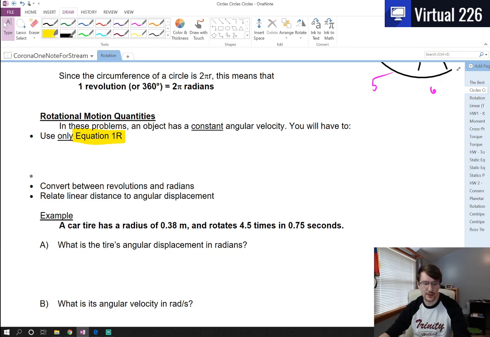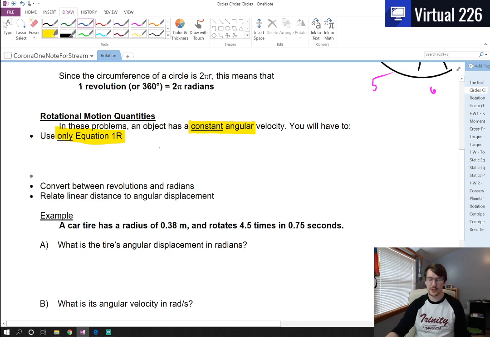So what we're going to do here is first note that if an object has a constant angular velocity, then we're only using equation 1r. Equation 1r, if we go and look at the sheet that we filled out on previous videos, is stating that an angular displacement is equal to an angular velocity multiplied by a time.